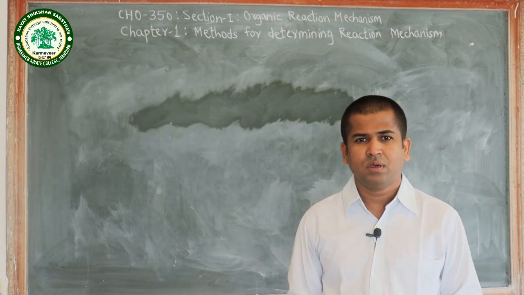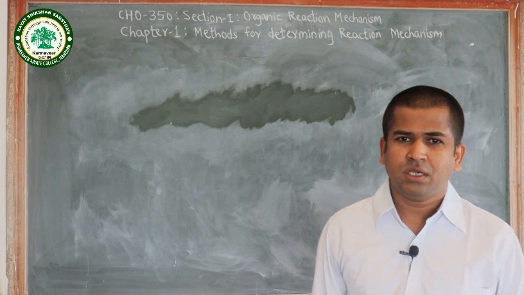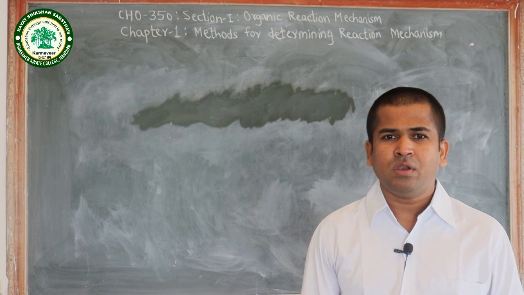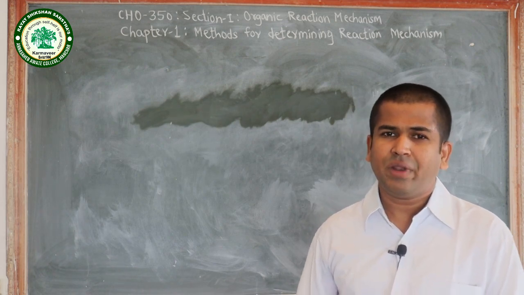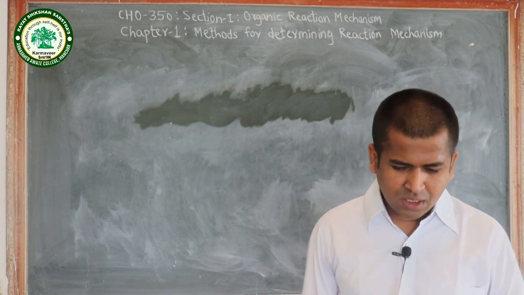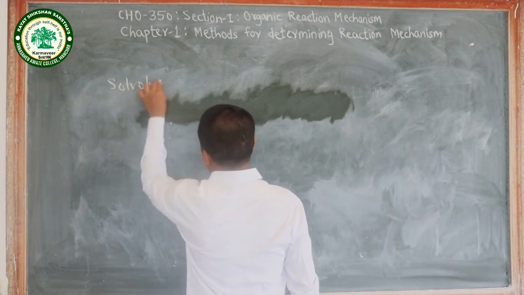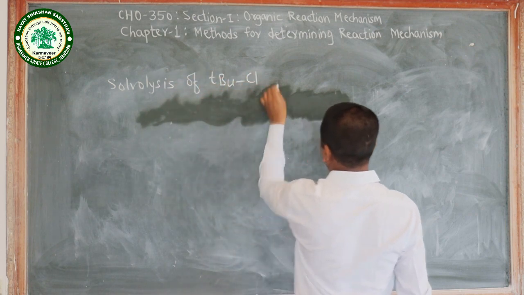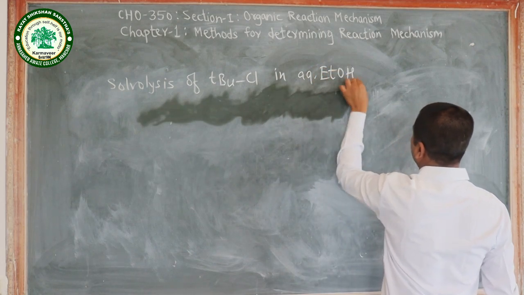Okay. Now we consider the next example in which we see the reaction where from one molecule we get formation of a number of ions. For example, solvolysis of tertiary butyl chloride in aqueous ethanol.